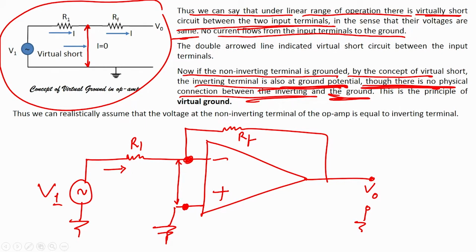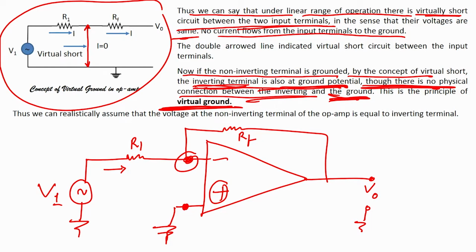No. There is no wire that connects the inverting and non-inverting terminals. As there is no physical connection between the inverting terminal and ground, this is also called virtual ground.